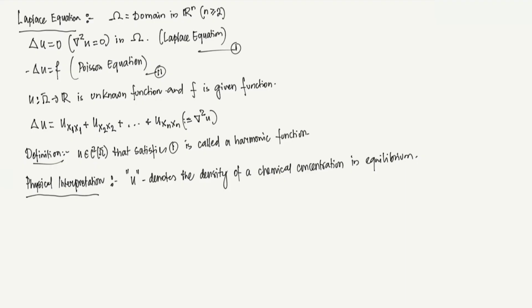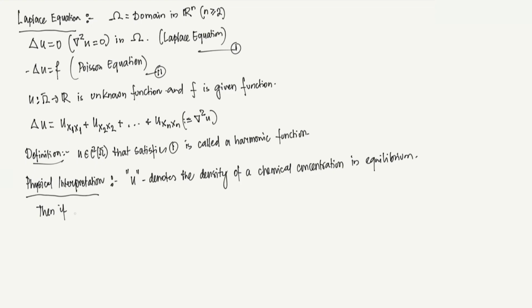That drink will have a difference in density. So let's say u is that function which denotes the density of a chemical concentration when that concentration is in equilibrium. This is just an example; there are many other examples of this.